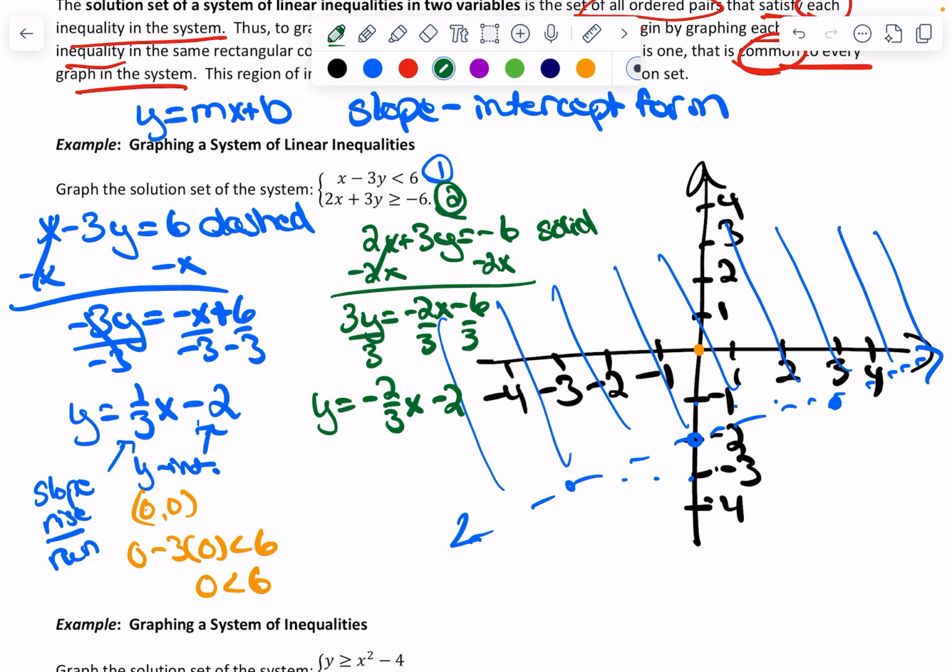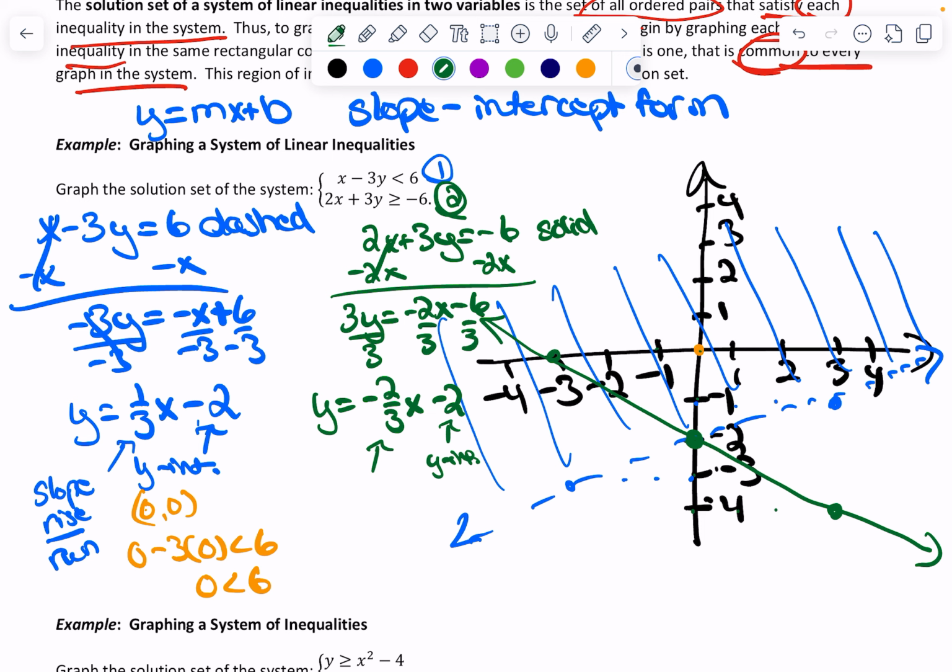So again, our y-intercept is 0, negative 2, so the same. But now our slope is negative 2/3. So it's actually going down 2 and 3 to the right. Or we're going up 2 and 3 to the left. It's a solid line, so I'm going to go ahead and sketch the line here.